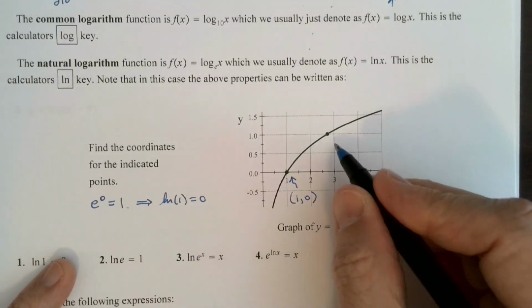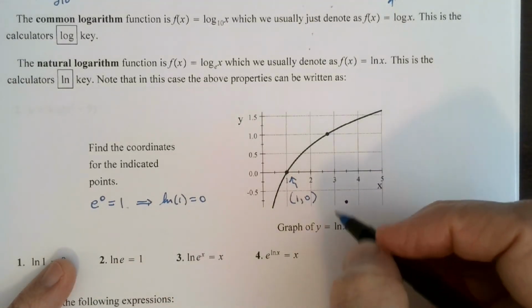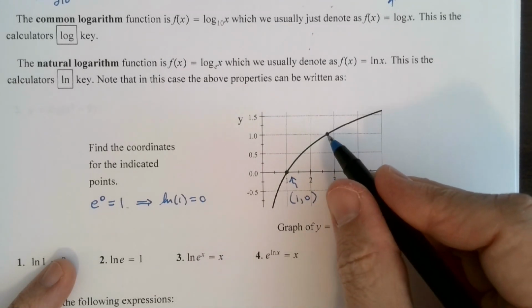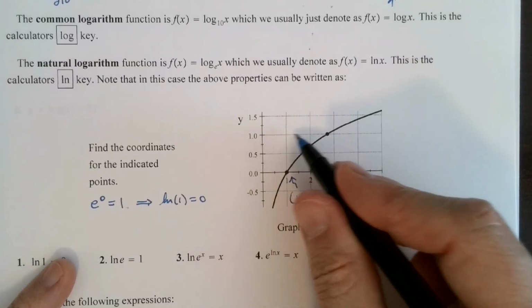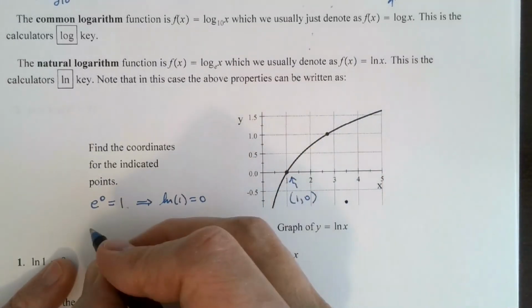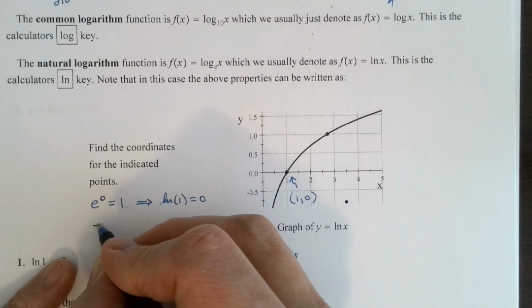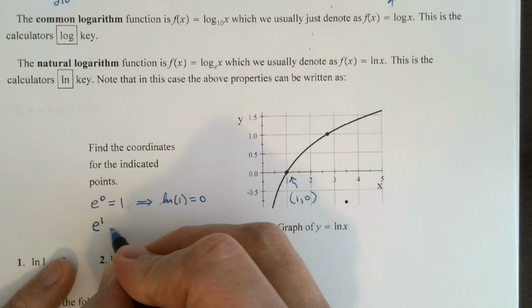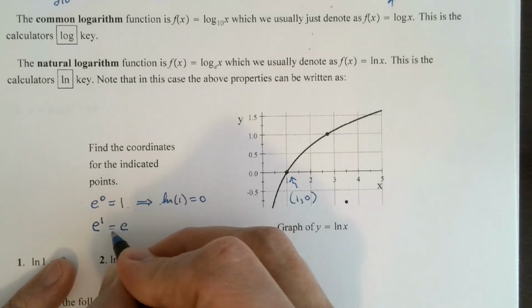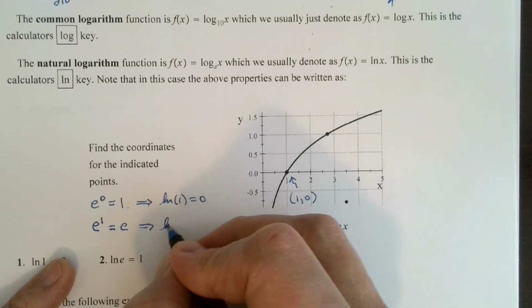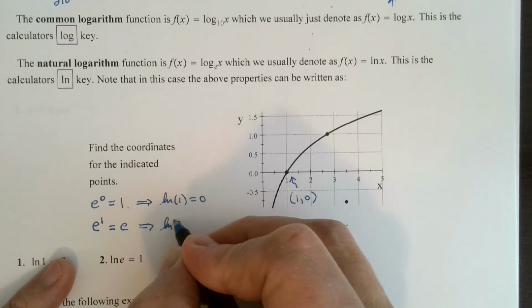Well, what about this one here? What's going to be this coordinate? Obviously, the output is 1. So notice if I take e to the first power, I get e, and therefore, the natural log of e is what?